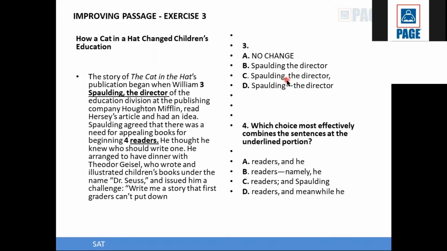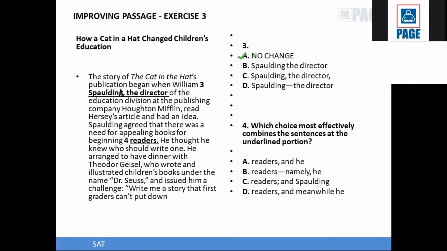So we have got a comma here, but after director, if you put a comma, then the next part of the sentence doesn't match. Comma, or the education, no. So we need to go with no change. No change, comma, the director of. That is the C sentence without a comma. You should be very, very careful with the punctuation marks.